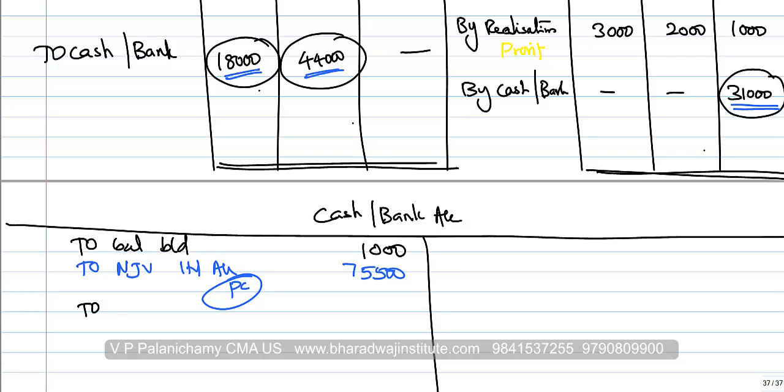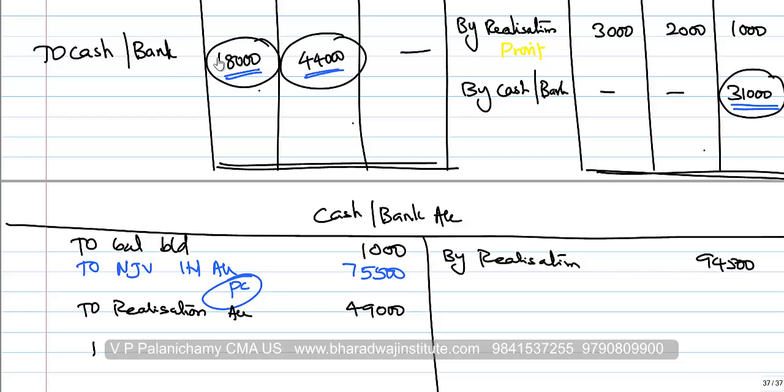To realization, what is the cash realized? Assets. Look at the realization account credit side. By realization for liability settled, 94,500.